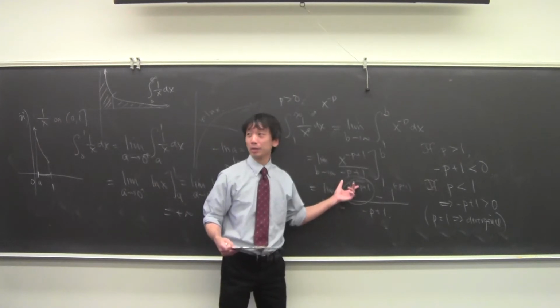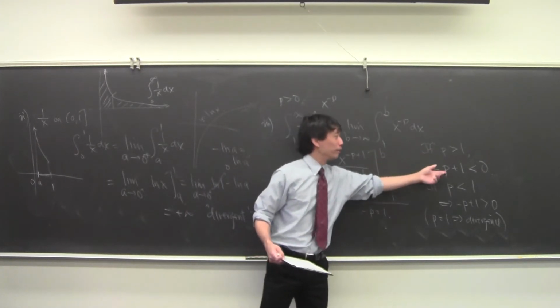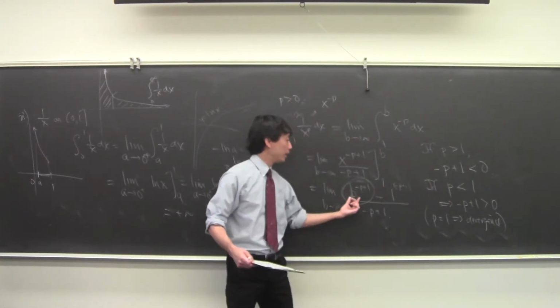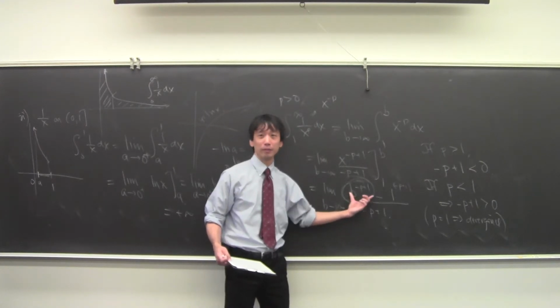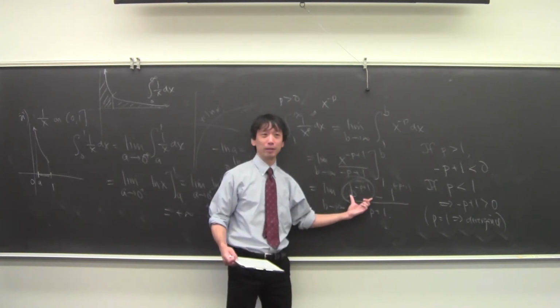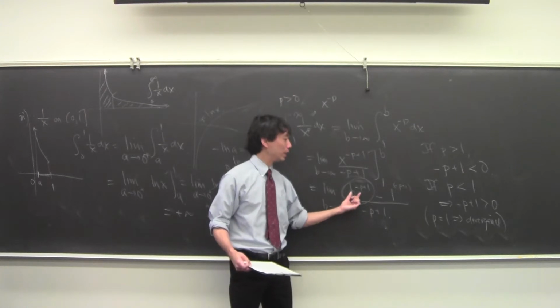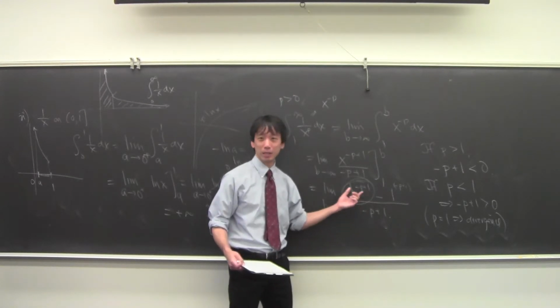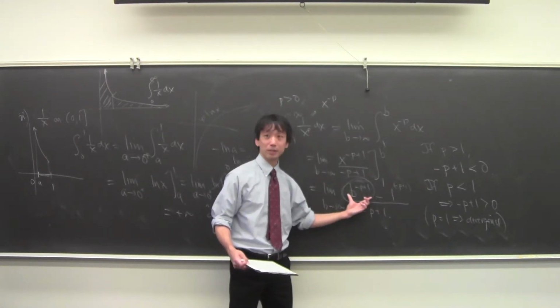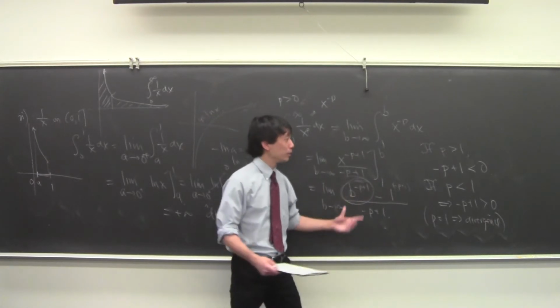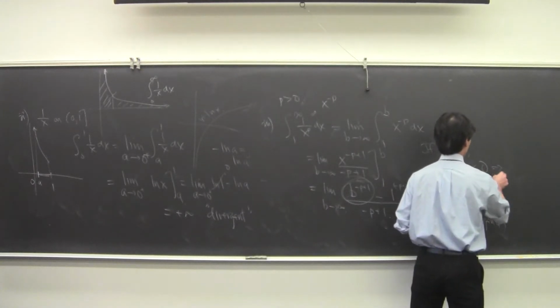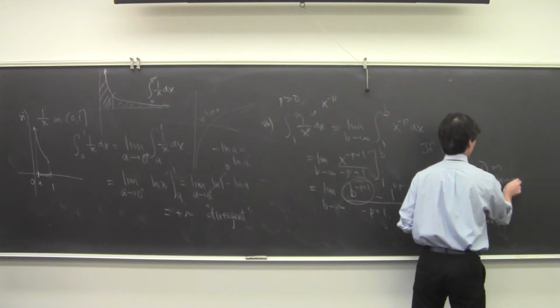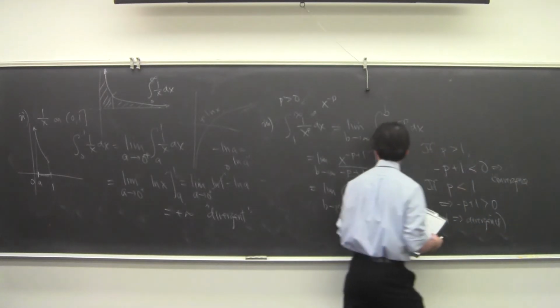If the power is less than 0, as b goes to infinity, this thing vanishes. If you've got b to a negative power, as b becomes huge, it vanishes, so you get convergence.